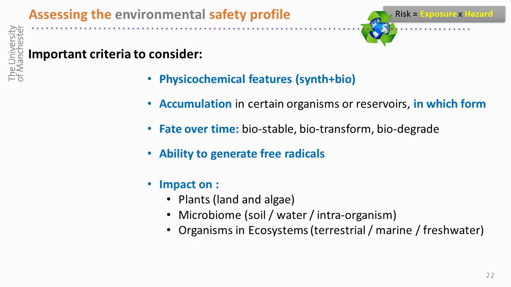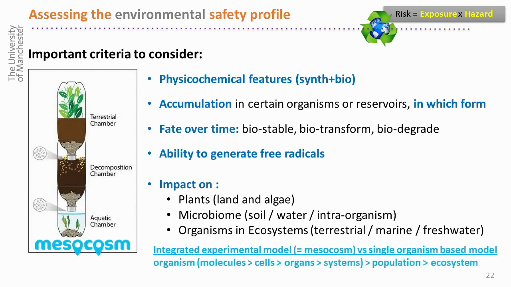The important thing to consider here is how it accumulates, in which form, and how it gets taken up by the environment. What is the fate over time, and if it is going to impact the plants, the different organisms in the ecosystem. And usually there's a system which is considered that models the different processes of the environment, different stages of biodegradation.